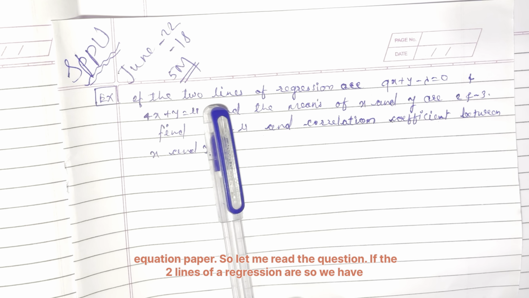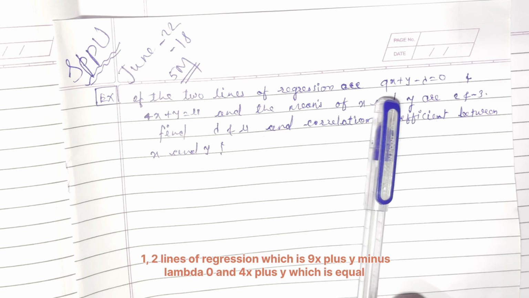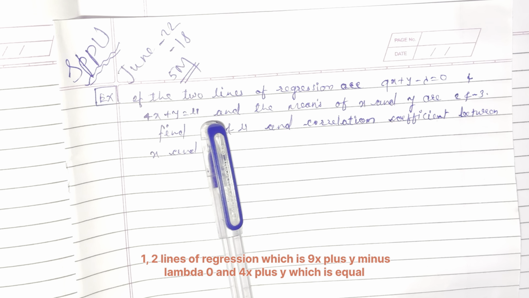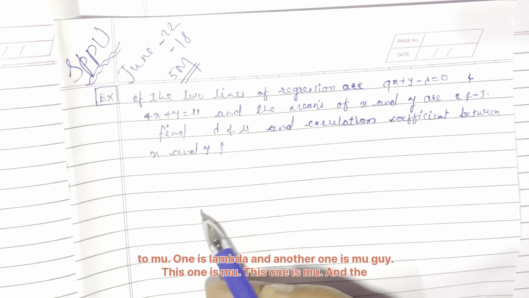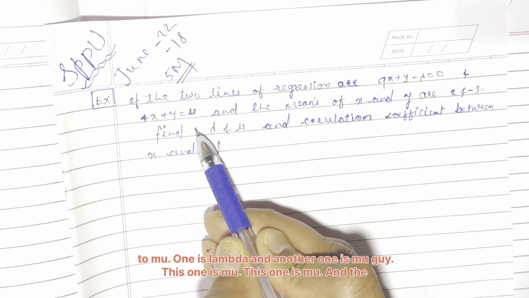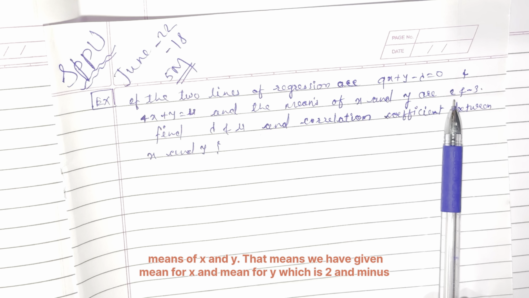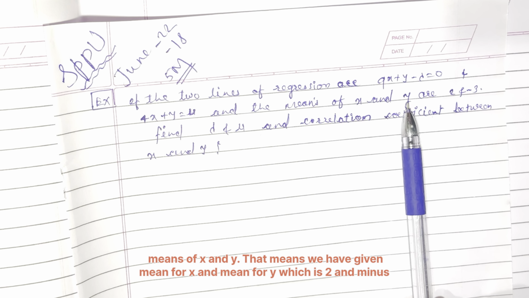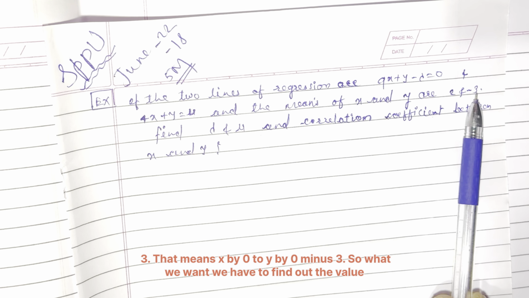We are given two lines of regression: 9x plus y minus lambda equals 0, and 4x plus y equals mu. One is lambda and the other is mu. We are also given the means of x and y: x bar is 2 and y bar is minus 3.